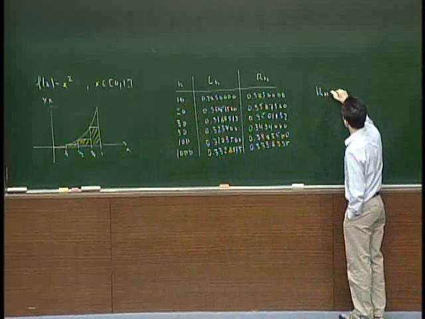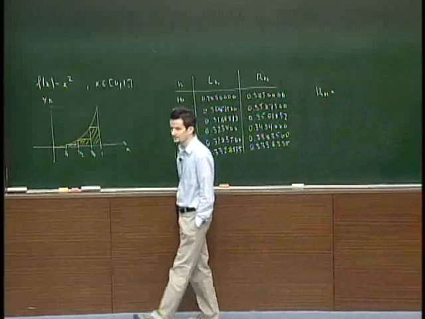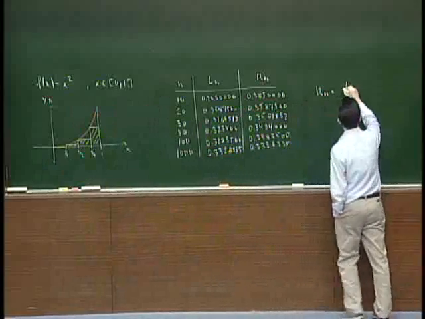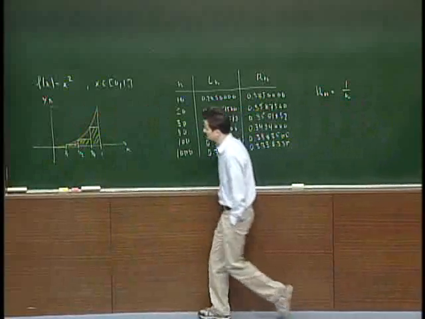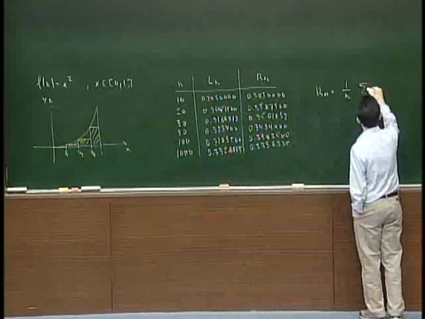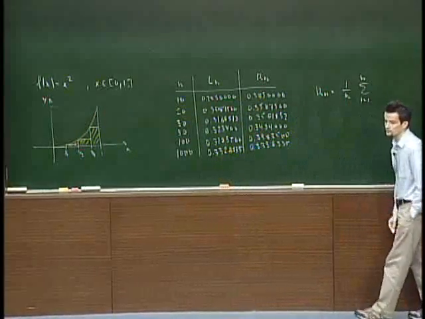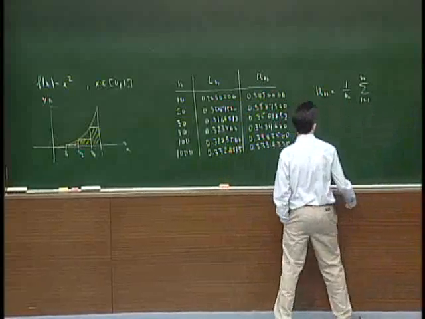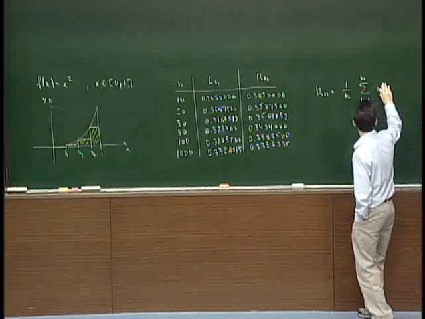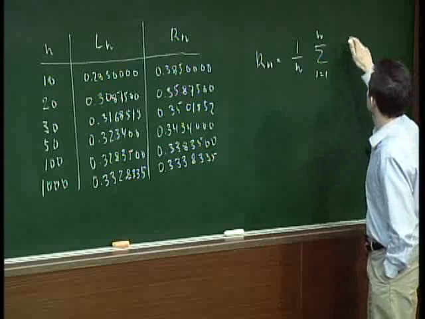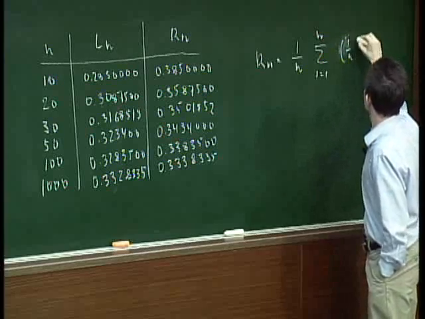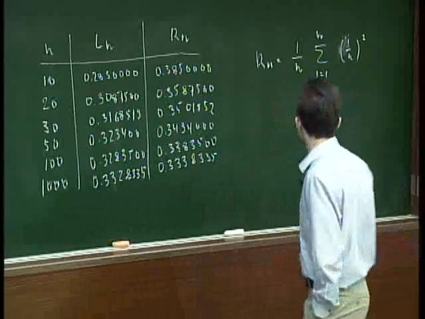Rn, for general n, here we use the right endpoint to evaluate. So we have 1 over n, which is the length of the interval, times, overall we have n rectangles, and every rectangle has the height (i over n) squared.